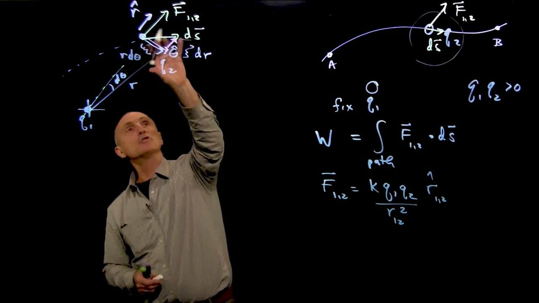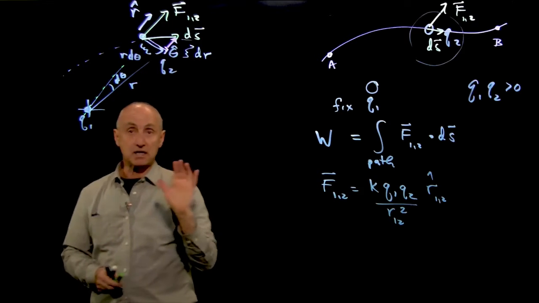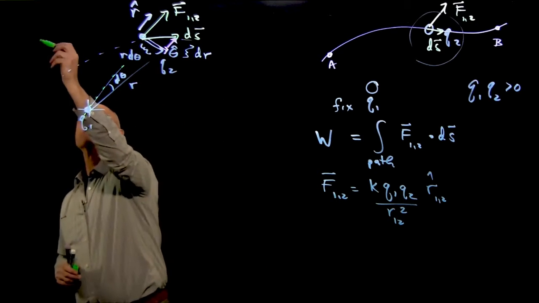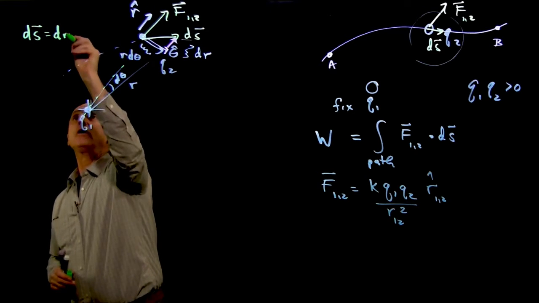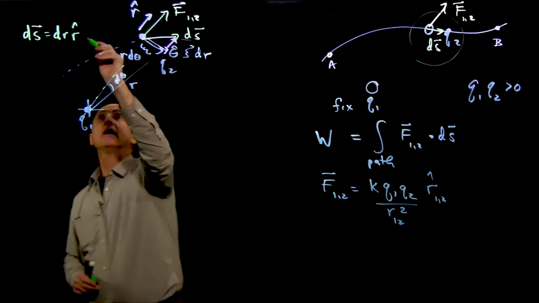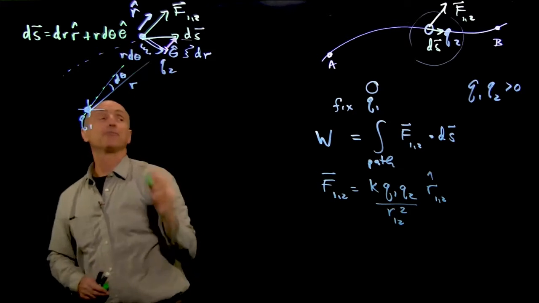And this type of geometry for the displacement, breaking down that line element into the two pieces, is the key to this calculation. And so what I can do is write that vector ds as a radial part, dr r hat, that's the piece going radially outward, and a tangential part, and you'll see the tangential part will not be crucial.